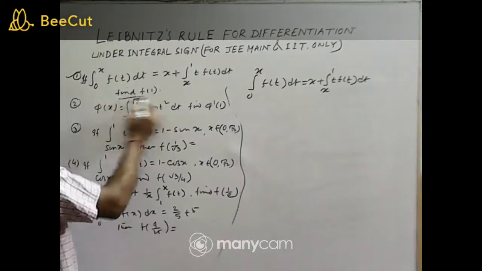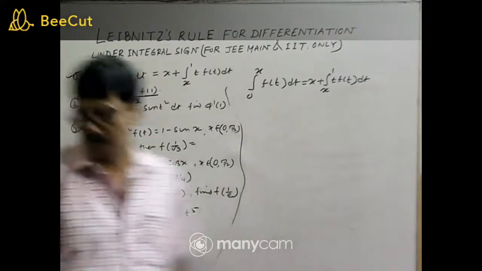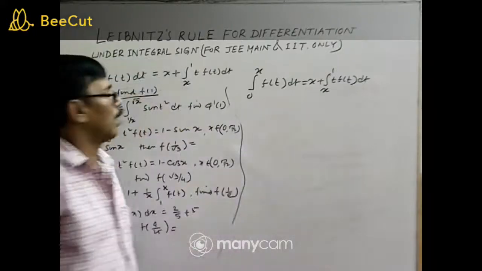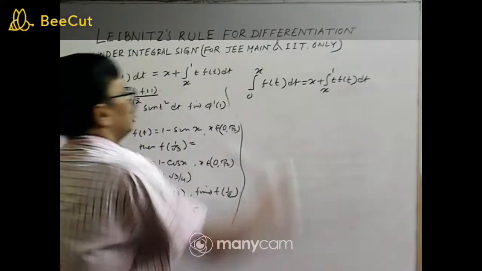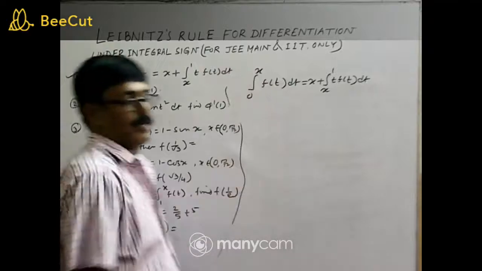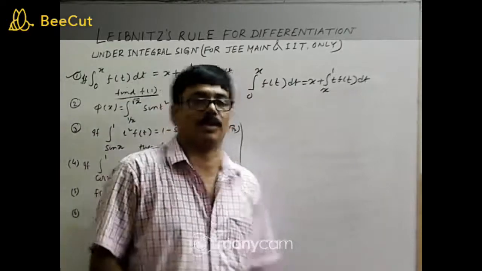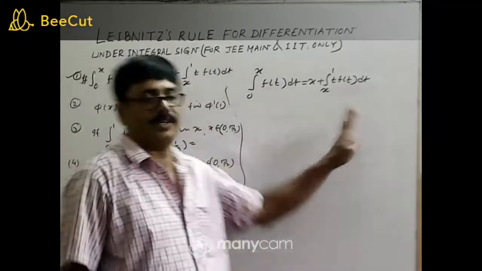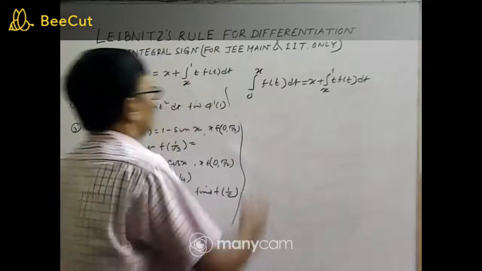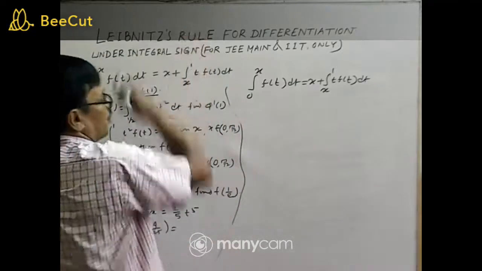Find f(1). Now look, we do not know the form of f(x), so by ordinary method we cannot find its value. So we use the Leibniz theorem.